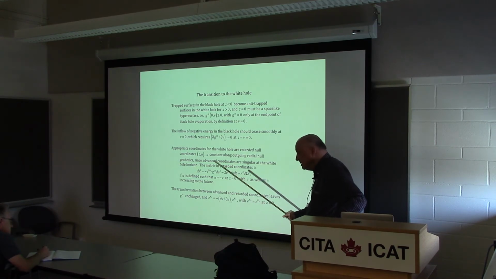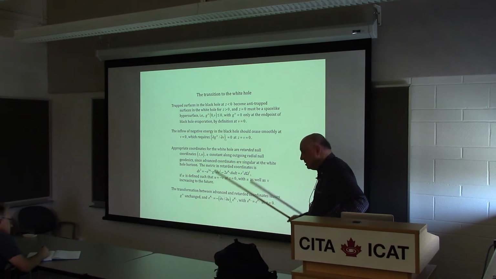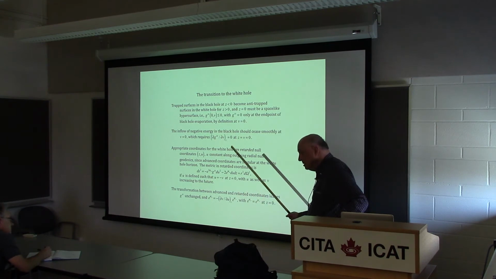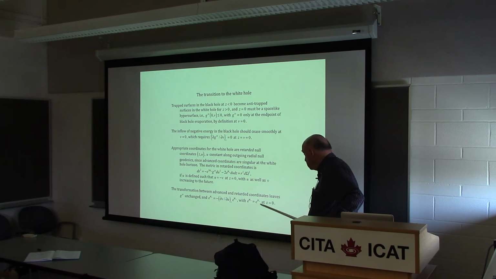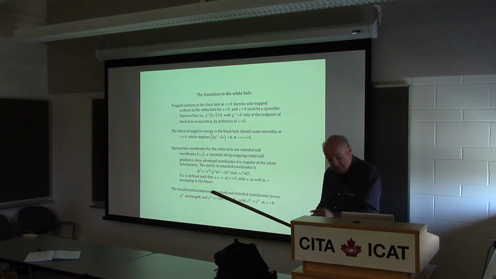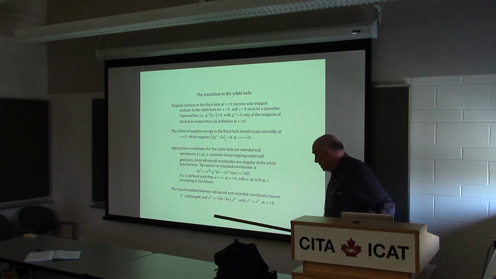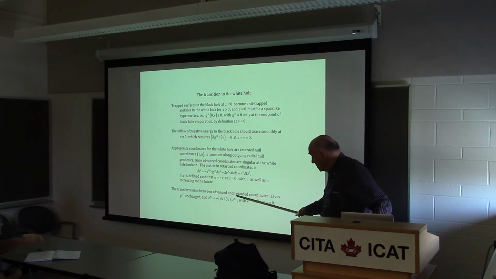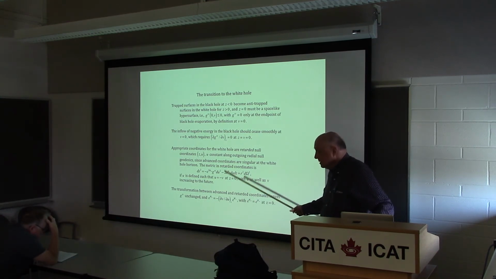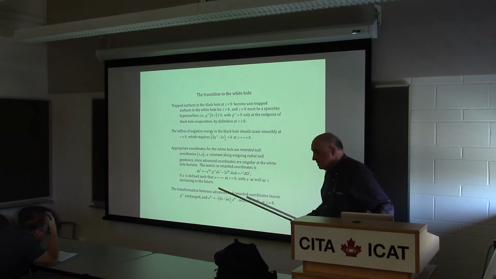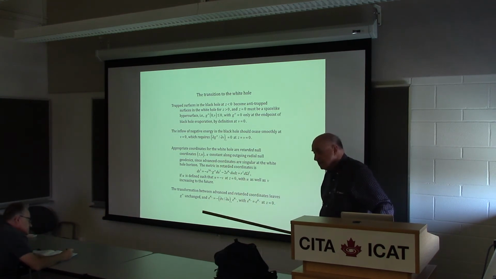If that's small inside the black hole, that corresponds to time running slowly in the deep interior of the black hole, which is what you would expect from gravitational time dilation. But now at Z equals 0, it turns out these two things are equal from the way I defined U in terms of V. And dV/dU, at constant Z, is negative in the interior of the white hole, and because it's just -1 by definition at Z equals 0, we get this equality.